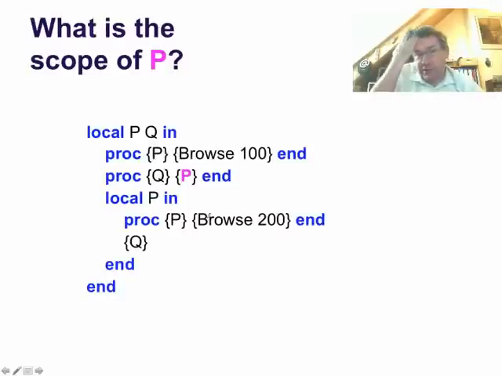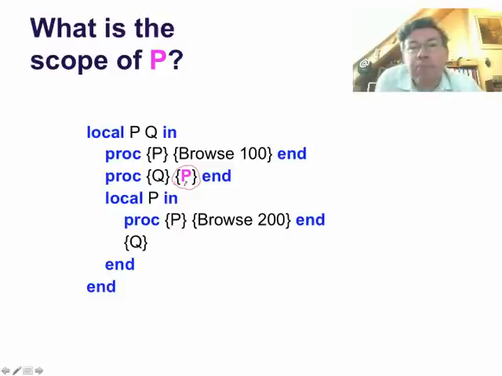In order to answer this question rigorously, we need to find out the scope of the violet P that's inside the definition of Q. The violet P, so this zero argument procedure that we're calling inside of Q. So what is the scope of this violet P? The scope is that part of the program where all occurrences of P refer to the same declaration and its variable.